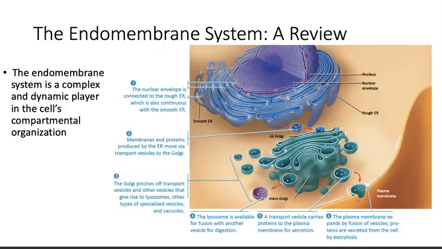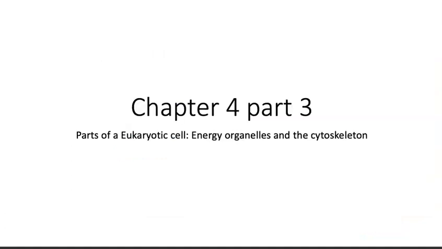Some of those structures can stay inside the cell and are lysosomes. Other transport vesicles carry proteins to the plasma membrane, and those proteins are secreted or released to the outside of the cell. And that is everything about the nucleus and the endomembrane system.